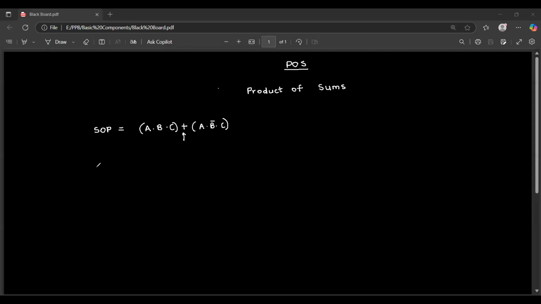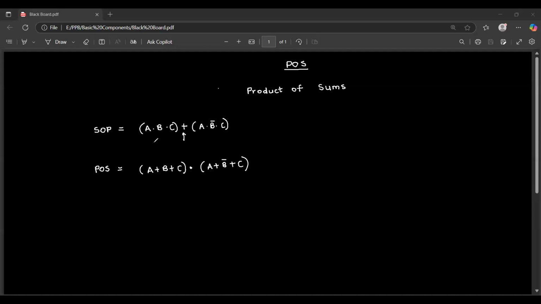That's all. In POS, the parentheses work like that. Instead of using the dots inside the parenthesis, we are going to use the OR gates. So it will be (A plus B plus C) into (A plus B bar plus C).